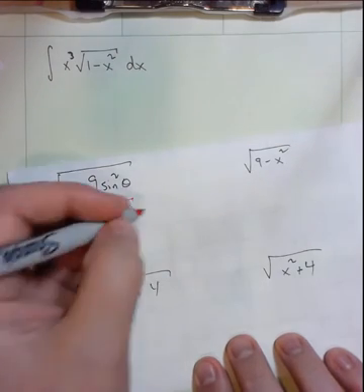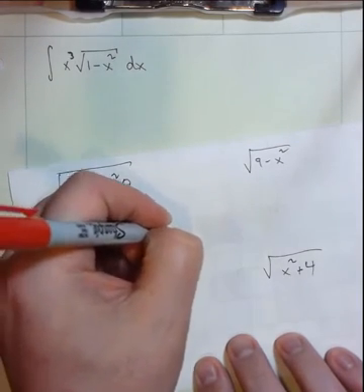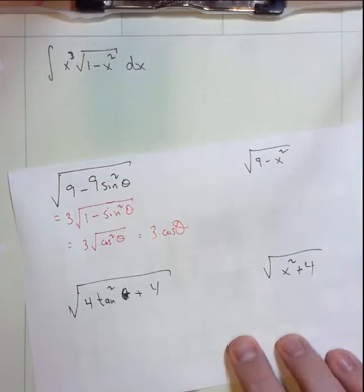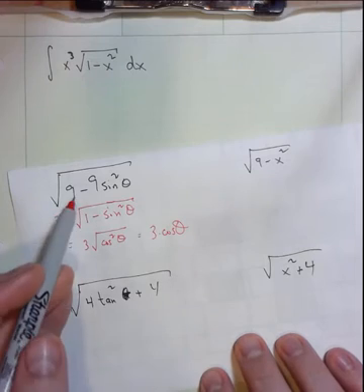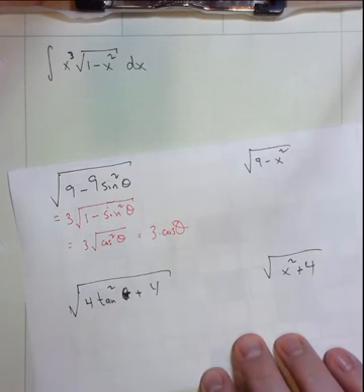And the square root of cosine squared is just cosine theta, and then we still have that 3 dangling in front. So, kind of gross, but not too bad.